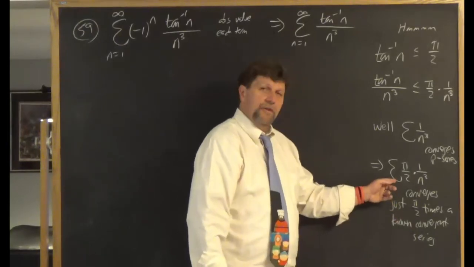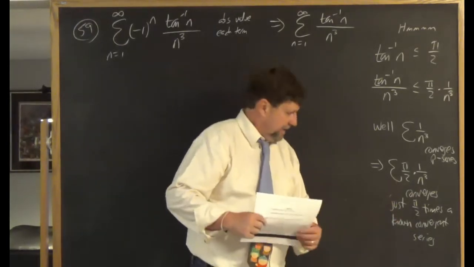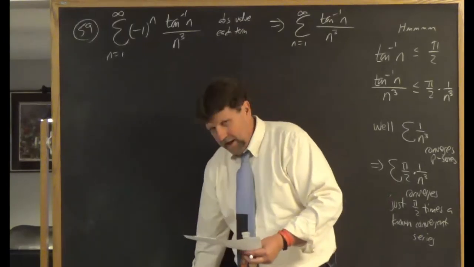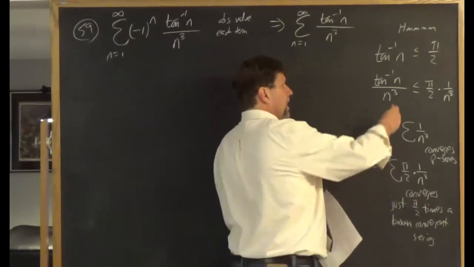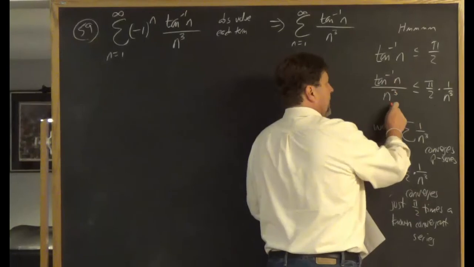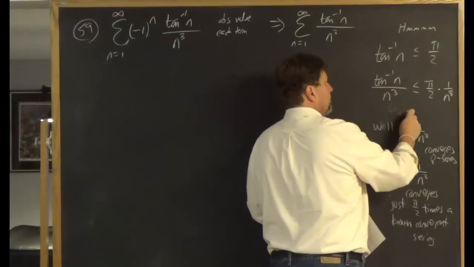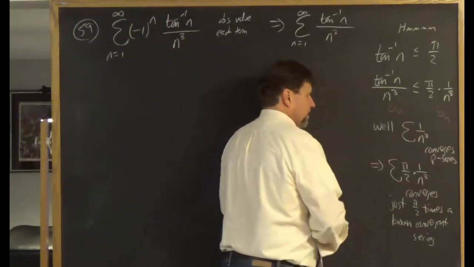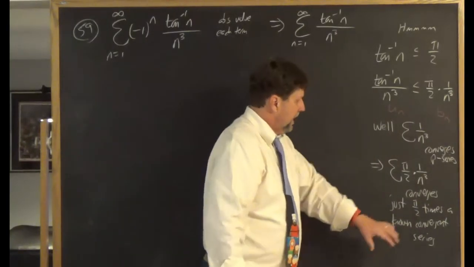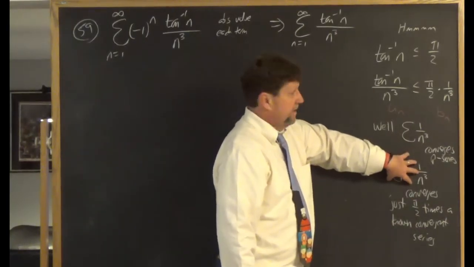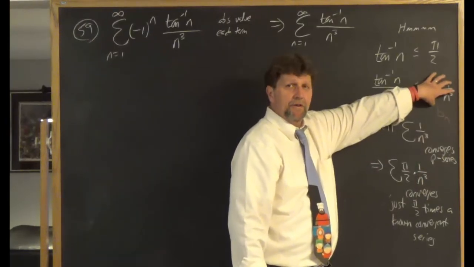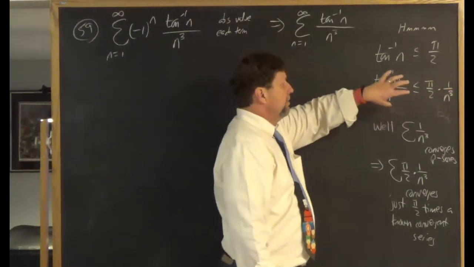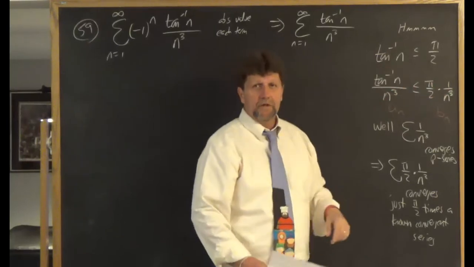So now that I know this series converges, it almost looks to me like right here I'm looking at the preamble for the direct comparison test. I know this series converges. So something that's smaller than it must also converge.